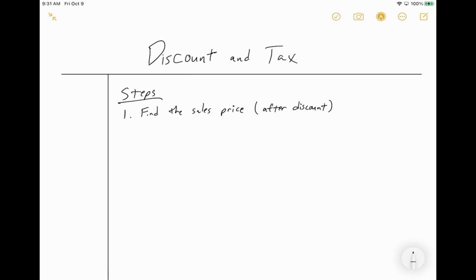The sales price again is the price after you subtract the discount, or if some of you use a method that goes straight to the final answer, whichever way you do it, you've got to find the sales price first. Then step two is find the tax on the new amount, the sales price.